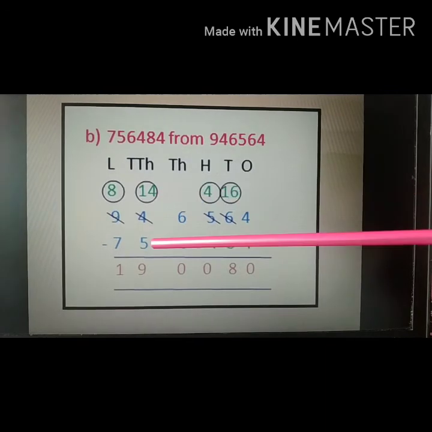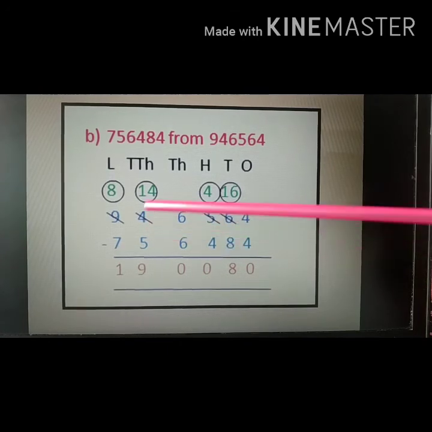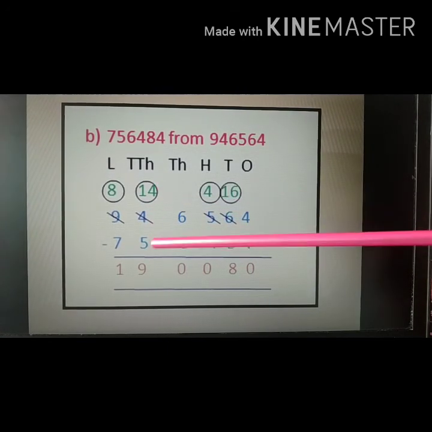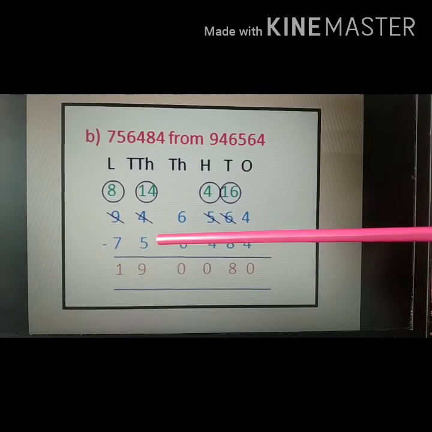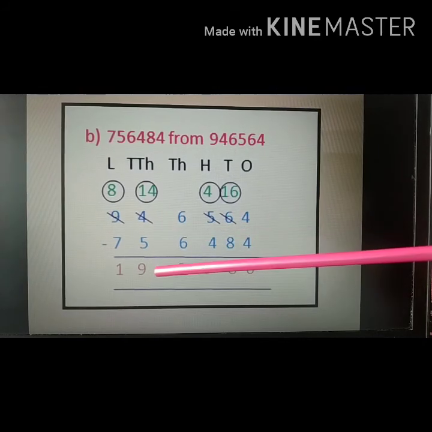So 14 minus 5, again count on your finger next to 5, that is 6. From 6 to 14, count the numbers 6, 7, 8, 9, 10, 11, 12, 13, 14. Yes, we are having 9 fingers. So we write 9 at the 10,000 place.